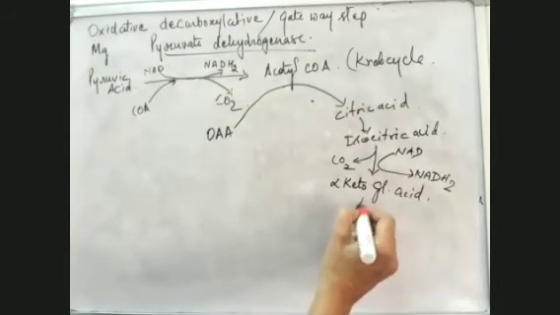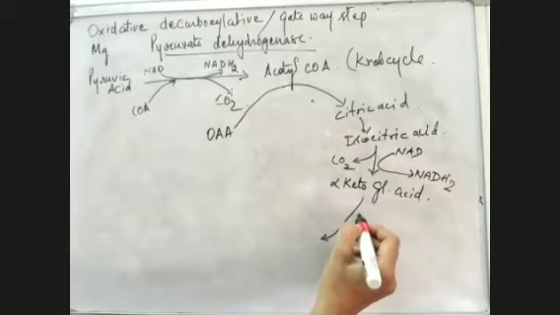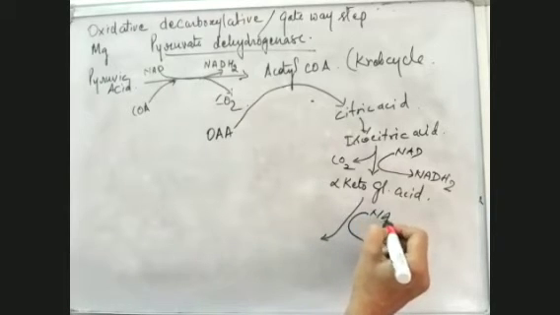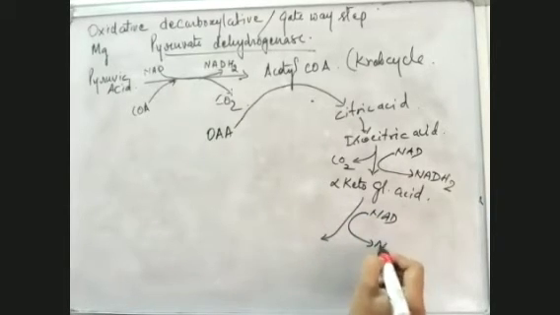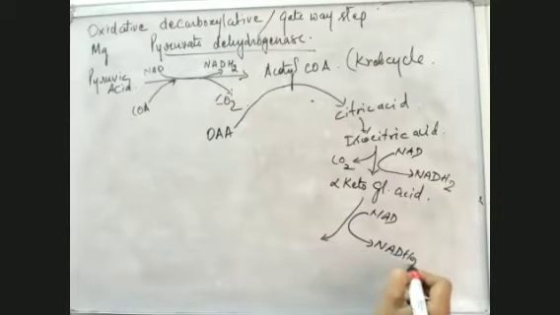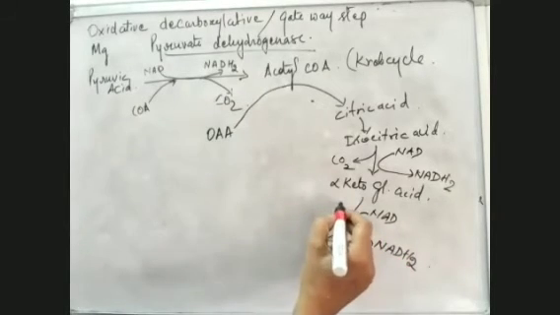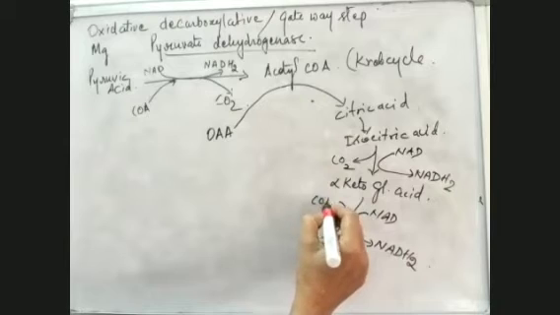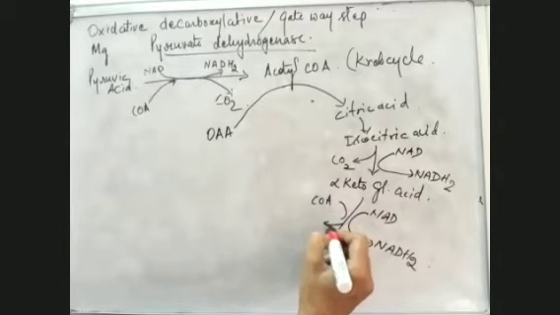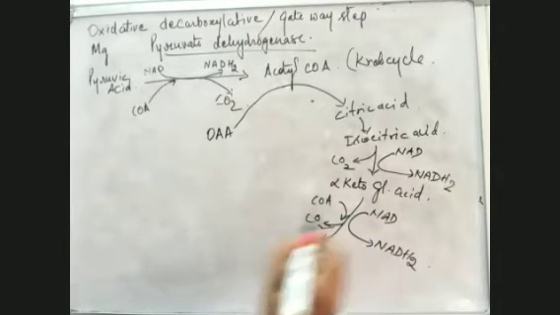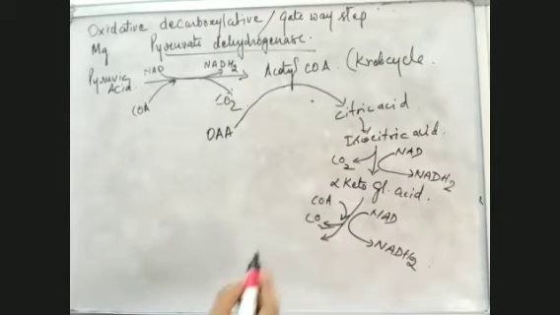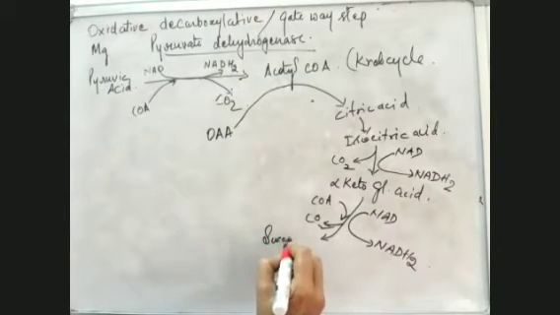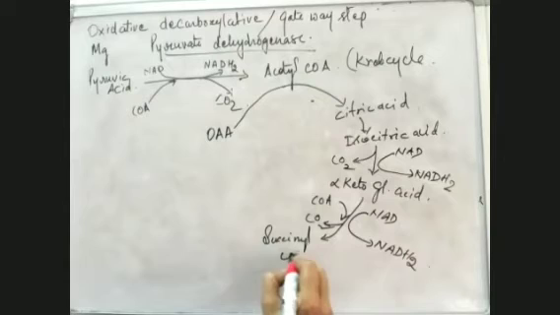Now, to this, what happens again? One NADH2 is produced here. Coenzyme A is added. Here, CO2 is given out, and succinyl coenzyme A is formed.